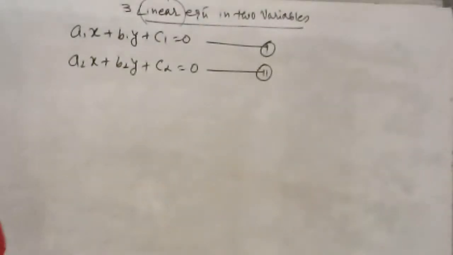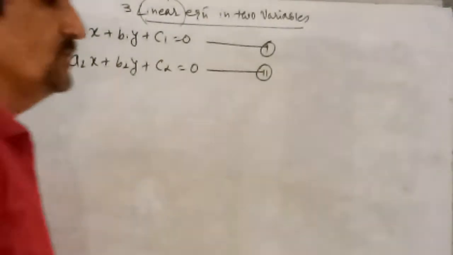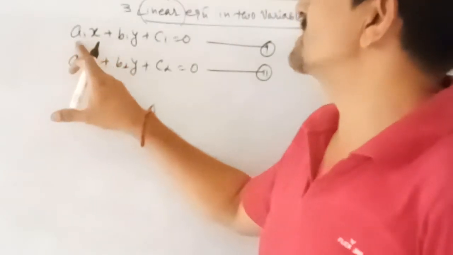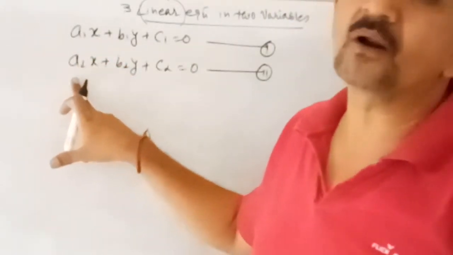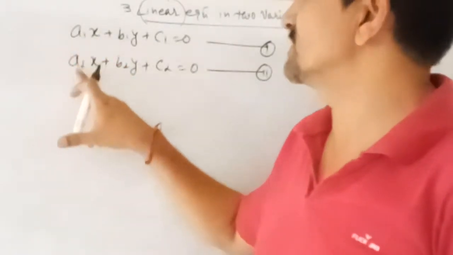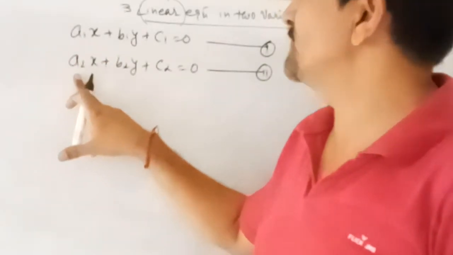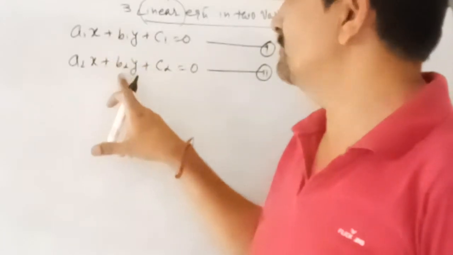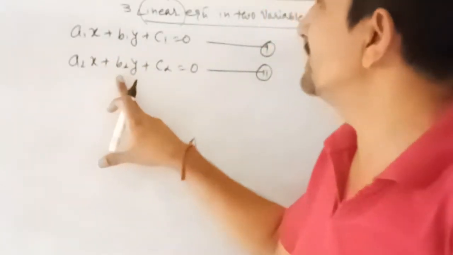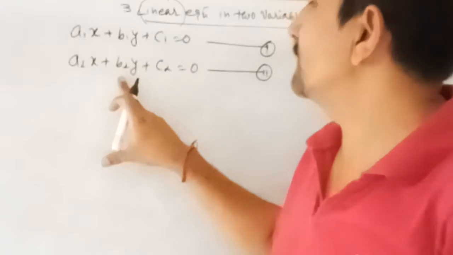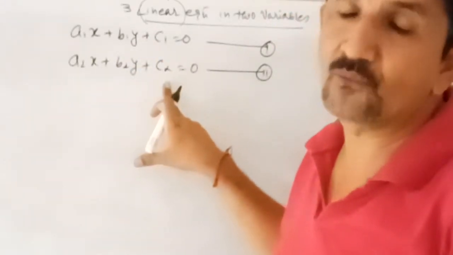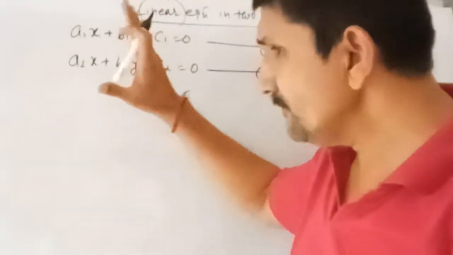These are the two equations given to us, and we have to solve them. Here a1 and a2, the coefficients of x in both equations, may be equal or different. b1 and b2, the coefficients of y in the two equations, may be equal or different. c1 and c2 may also be equal or not, and they are called the constant terms.